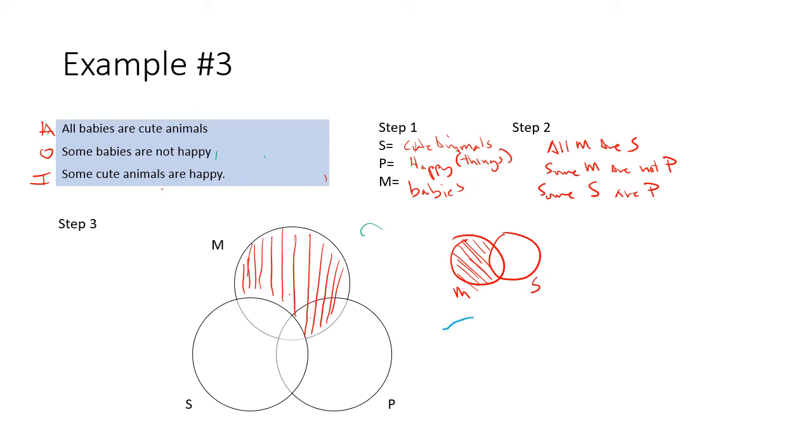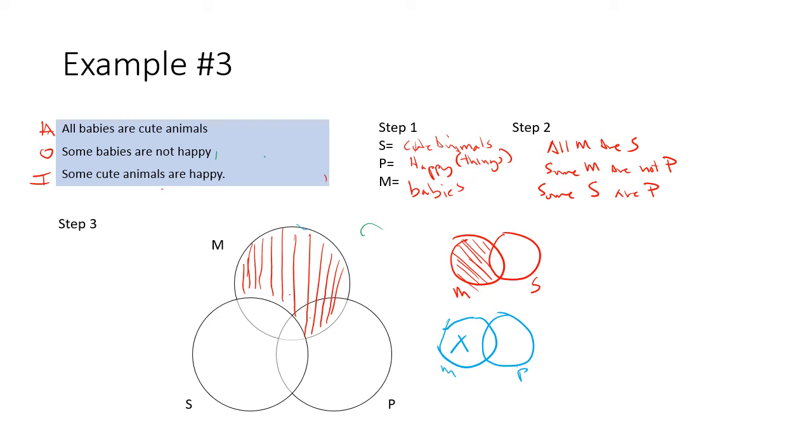So here, oops, that's a really terrible circle. Here's M as our subject, P is our predicate, and we want to say that there's at least one M that isn't a P, so that means putting an X in the M circle, but not in the P circle.